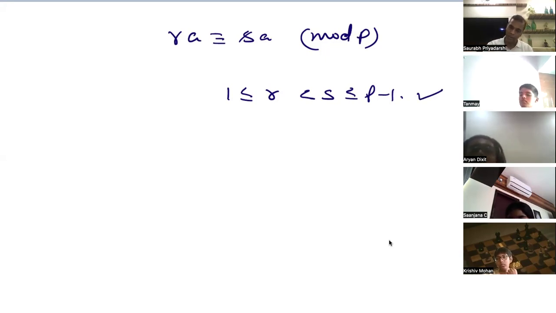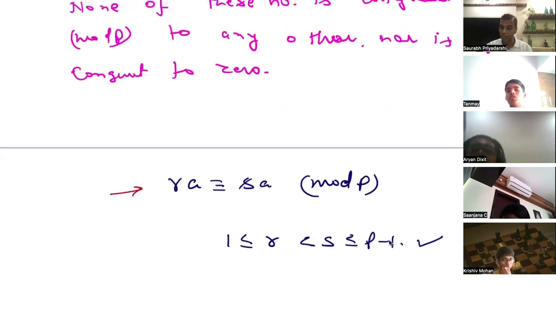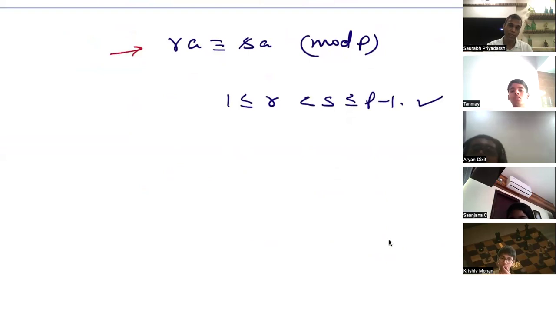Now, if this is true, which we have assumed, that two of the remainders are the same, then as we have written, this is not possible. Let me show how. Let RA and some other number SA both have the same remainder.